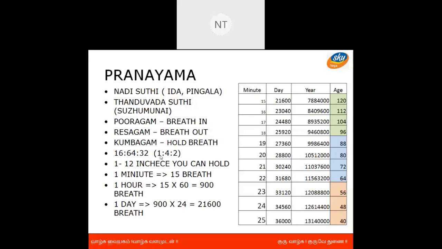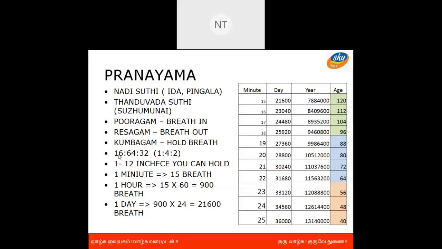In short, I could say the ratio is 1:4:2. If you inhale 1 unit, you exhale 2 units, and holding is 4. So this is the maximum range given by the yogi.